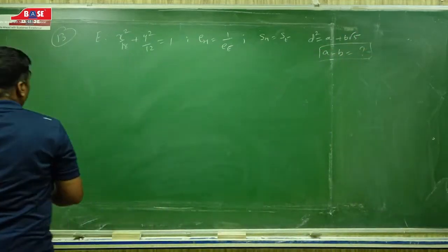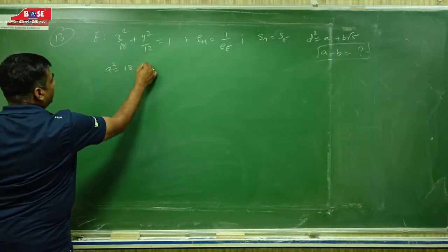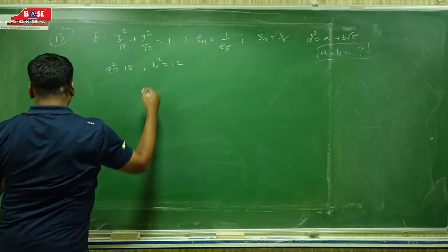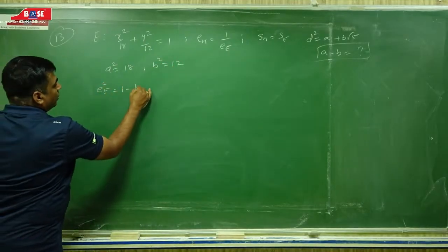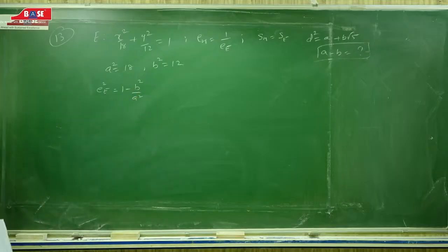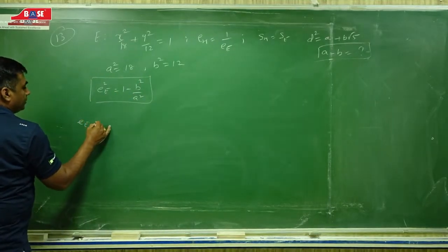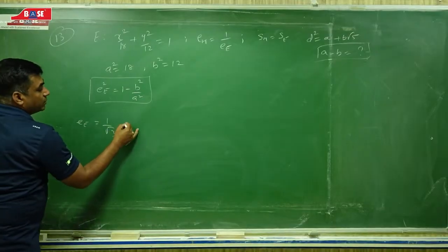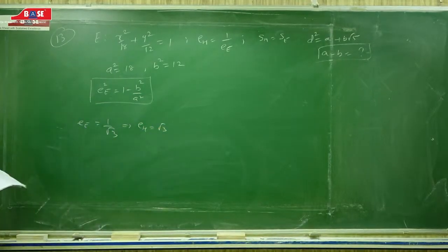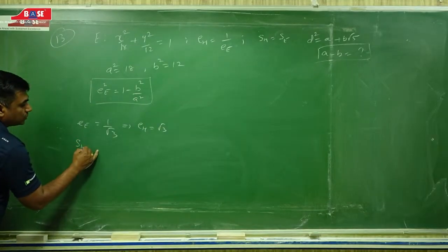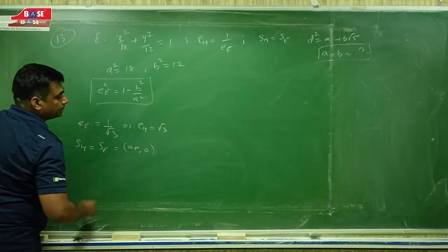Here we have a square equal to 18 and b square equal to 12. We have the eccentricity relation, 1 minus b square by a square. From this I can find the eccentricity of the ellipse is 1 by root 3. From this I can say the eccentricity of the hyperbola will be root 3. I can also say the foci of the ellipse and hyperbola are the same, that is, plus or minus ae comma 0.